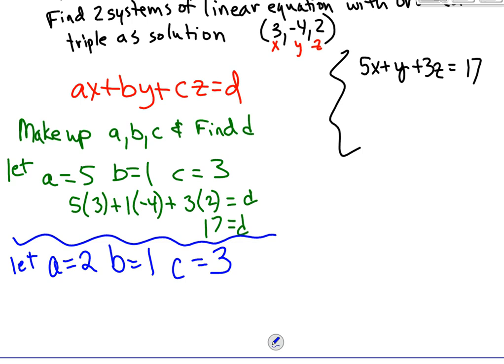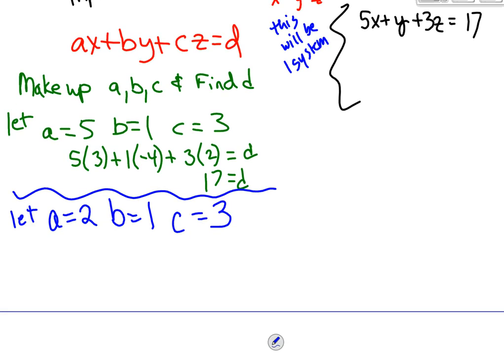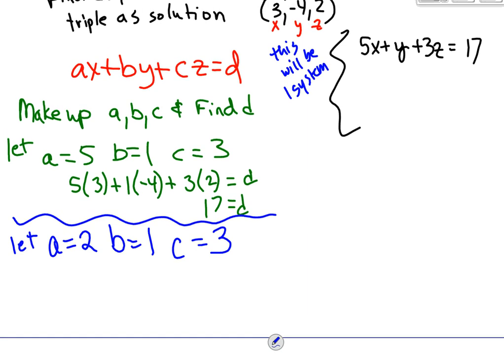This is going to be system 1. And then I would just do the same, essentially I do it 6 times to get my 2 systems.